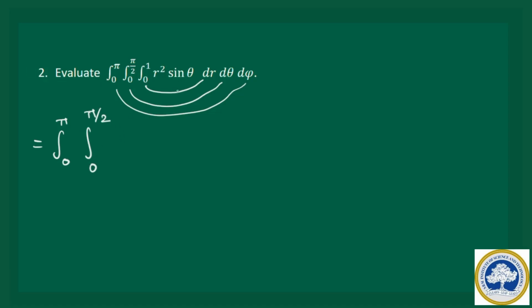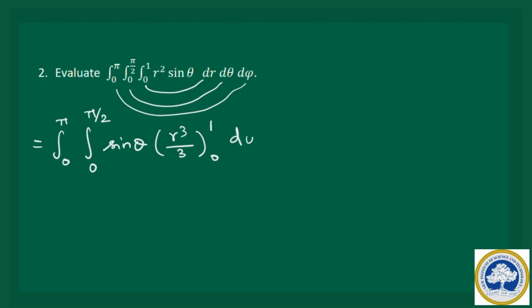Now we have to integrate, integral 0 to 1, r square sine theta with respect to r. Theta is considered as constant. There is no phi term here, so no need to bother about that. Here we have r and theta alone. So sine theta is treated as constant, we write sine theta as it is, but the integration of r is r cube by 3 over the limit 0 to 1.